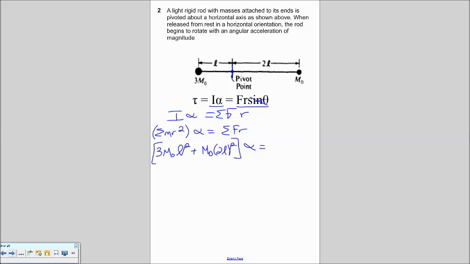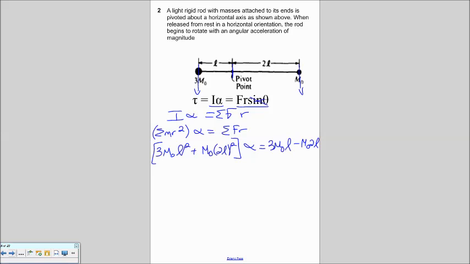Okay, so my pivot point is here. I've got a force acting from each of the masses. Counterclockwise is the 3m, so that's 3m naught L minus m naught 2L. And then we simplify.